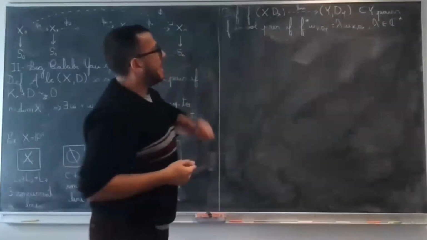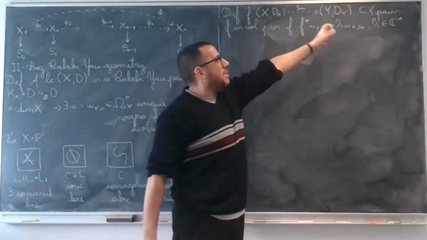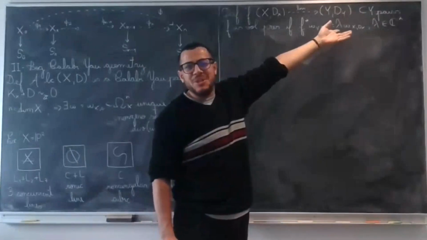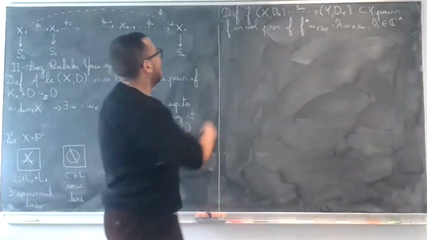And what's interesting is that in my own research, when I check this condition, I always deduce that this lambda is always 1 or -1. I don't know what this is saying.